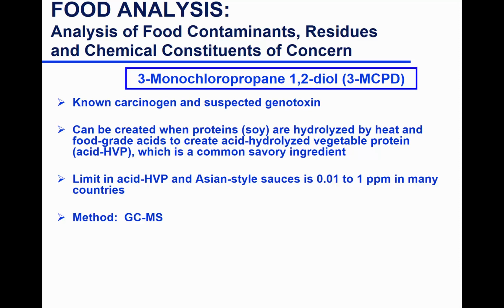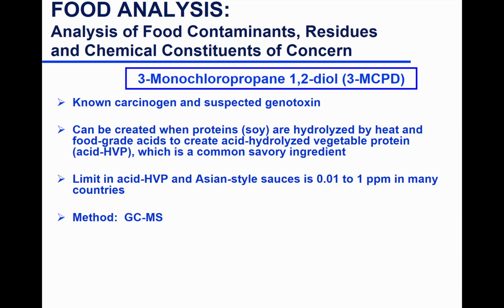Monochloropropane, this is specifically produced in acid-produced hydrolyzed vegetable protein. So acid hydrolyzed vegetable protein often uses HCl. So HCl might react with residual fat in the sample, and that will produce monochloropropane.